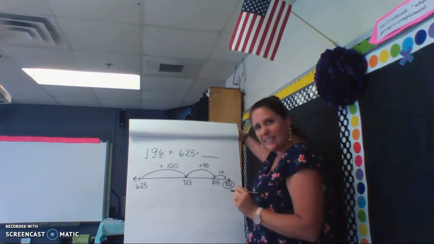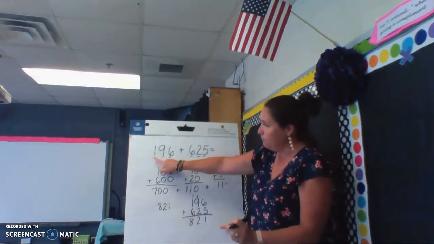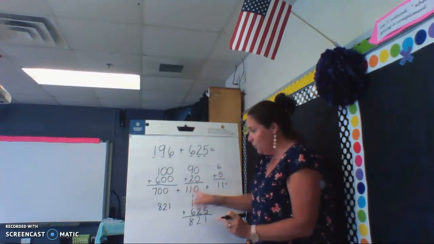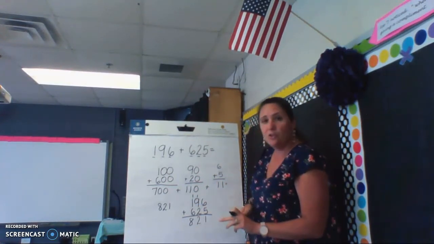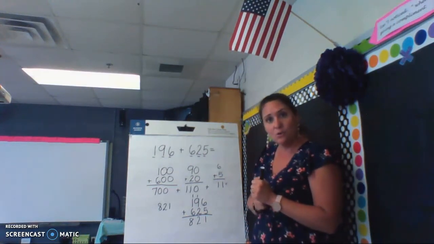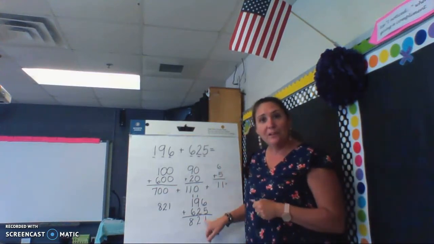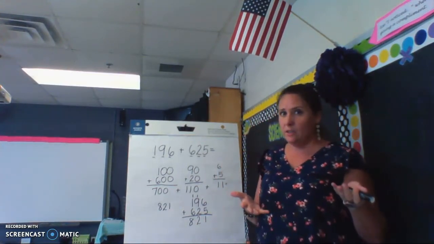Isn't that the exact same answer that we got a while ago when we broke it apart into the different places and added them? And when we did it the other way, that way is called the U.S. Standard Algorithm. And I will tell you, when I was in school, and probably a lot of your parents, when they were in school, this is the way that we learned how to do it. And we're going to be practicing that this year, actually in this first unit.